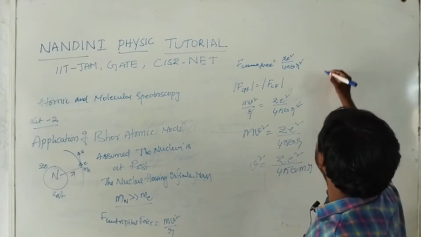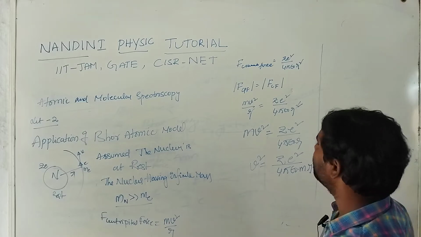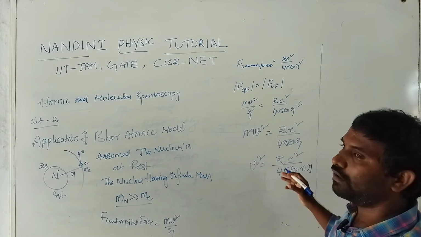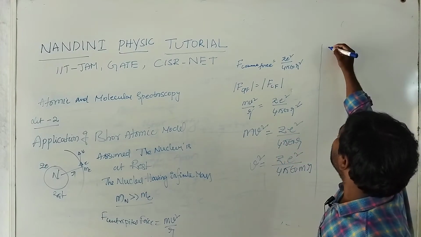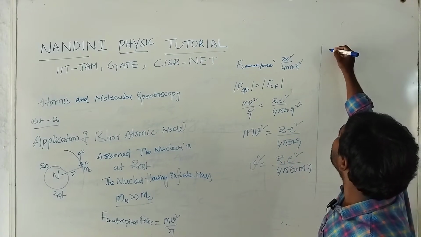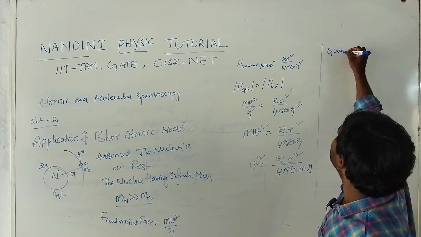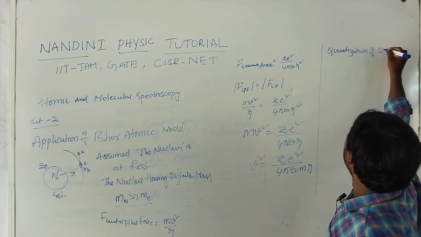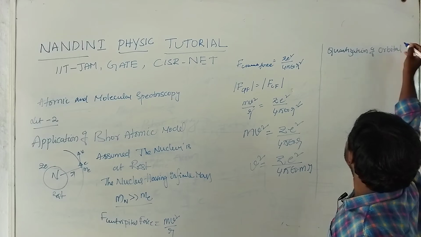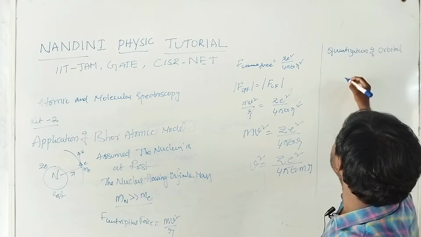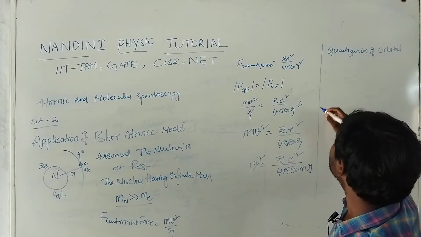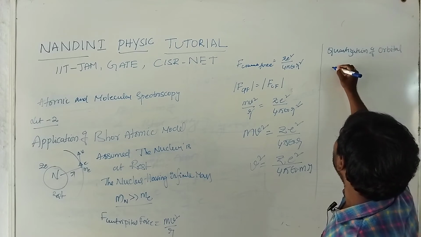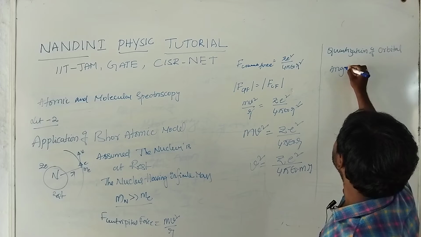This velocity of the electron is obtained by using the classical concept. Now, according to the second postulate, what is the second postulate? It tells about the quantization of orbital. What is orbital quantization? Angular momentum is conserved.